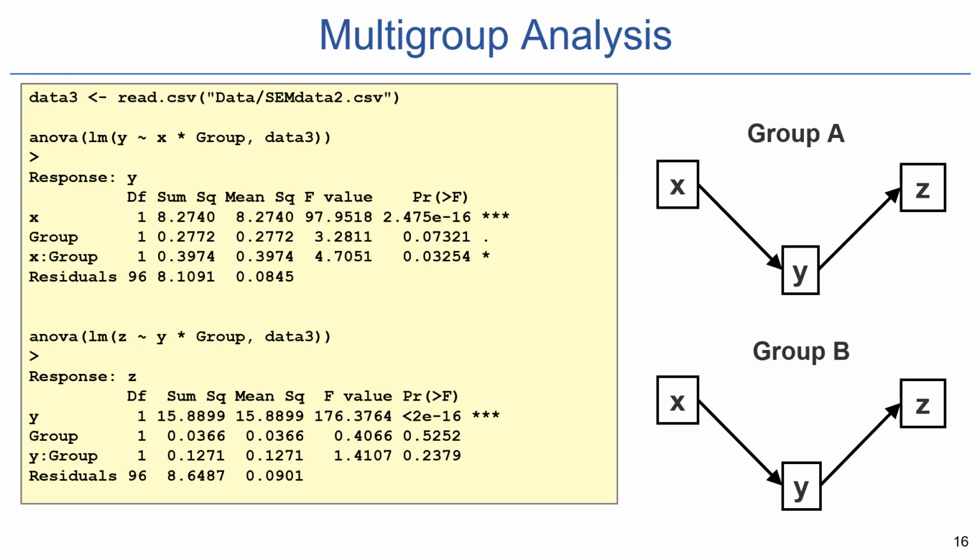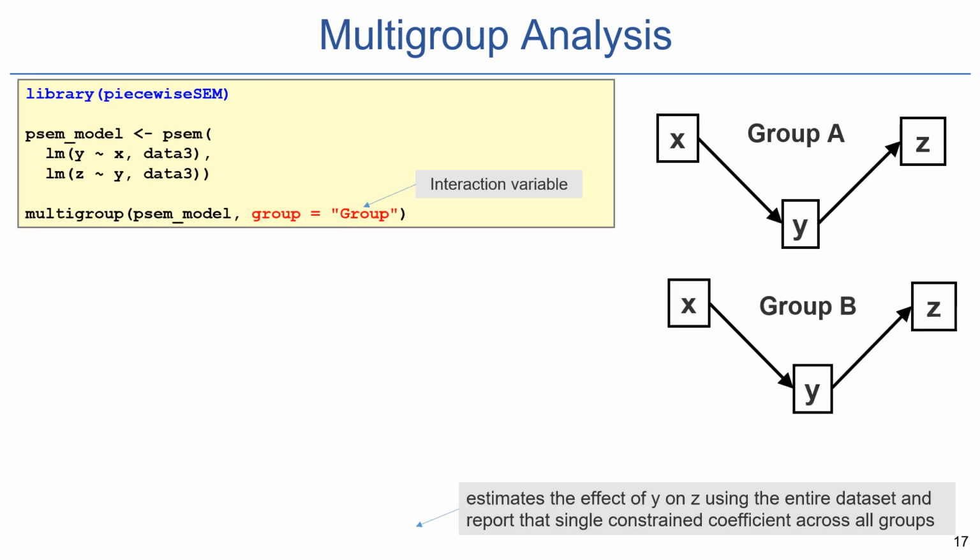And this is exactly what is done automatically in the piecewise SEM. Here is the script for how we implement this multi-group analysis in the piecewise SEM. So we fit submodels, but we do not include the interaction in our submodels. But then we use our fitted piecewise SEM model in the function multigroup.